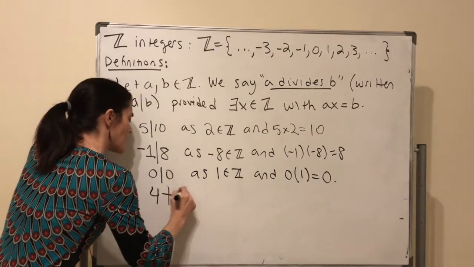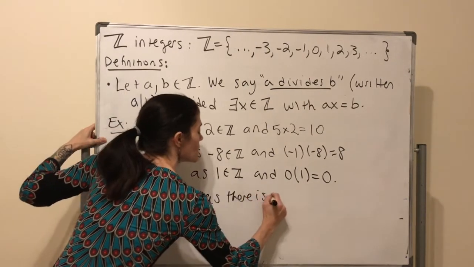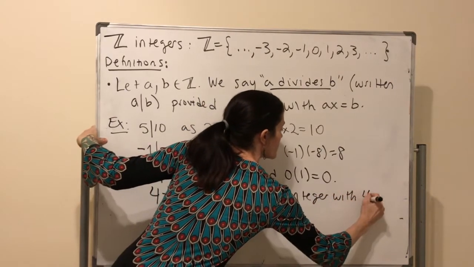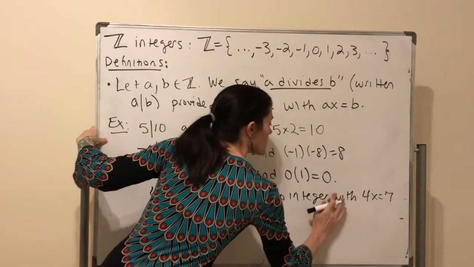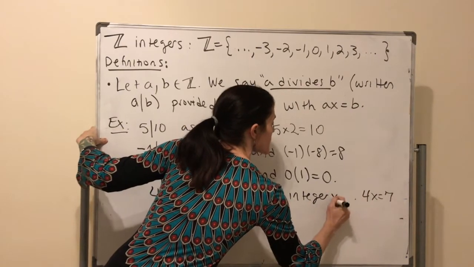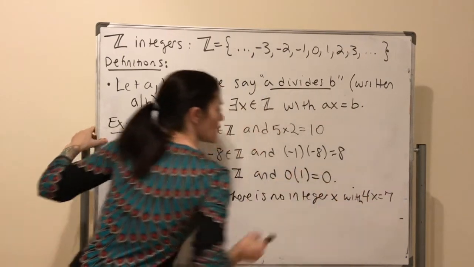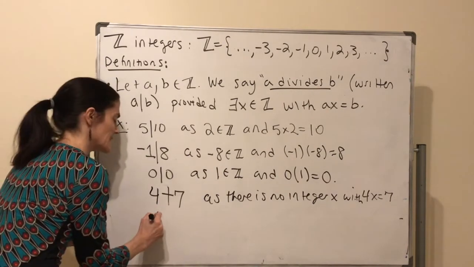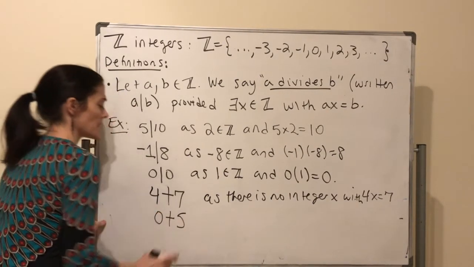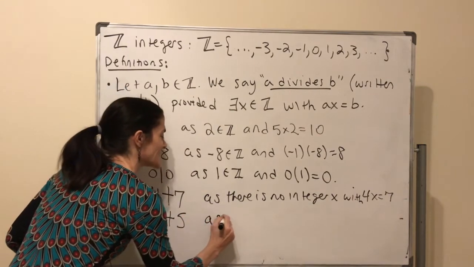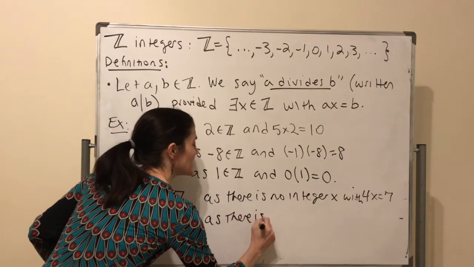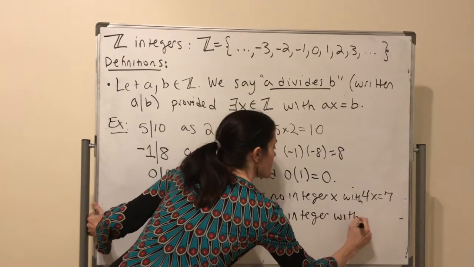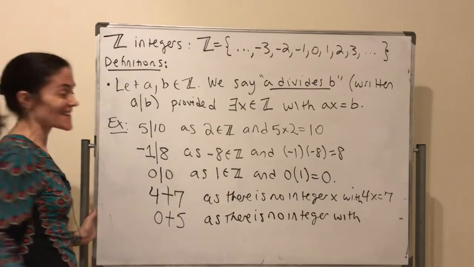So we also have this. 4 does not divide 7. There is no integer x with 4x equals 7. Okay, and this is the symbol for does not divide. 0 does not divide 5, as there is no integer x with, well, we would need 0x equals 5.